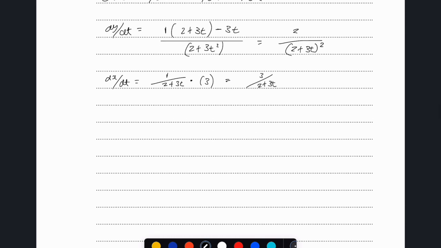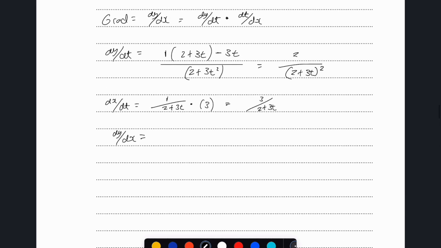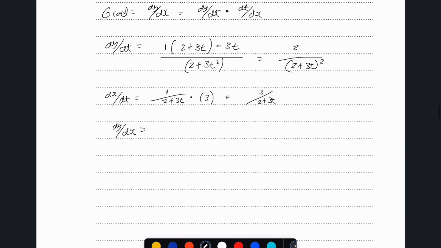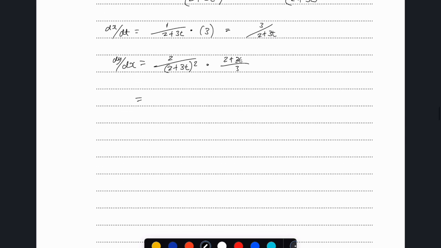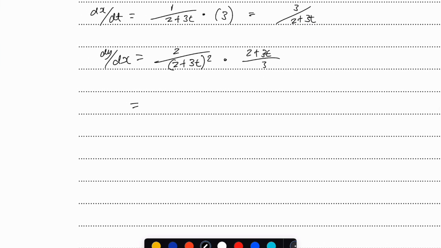Right, and as a result, dy by dx is going to give you 2 over (2 + 3t) squared times (2 + 3t) over 3, which is going to give me 2 over 3(2 + 3t).